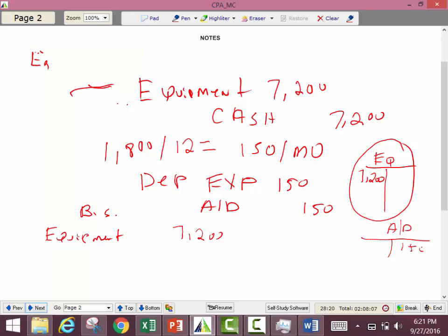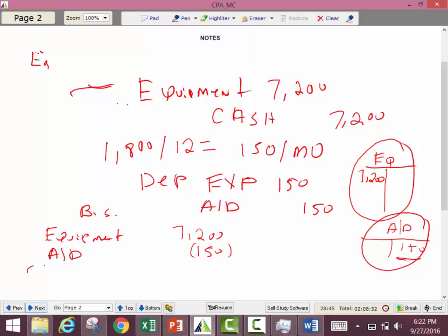Yeah. Okay, so how do you want me to show the accumulated depreciation? How do you want me to show the accumulated depreciation? Can there be anything else other than $150 in the accumulated depreciation since I've only credited it once for 150? No. That's a credit?